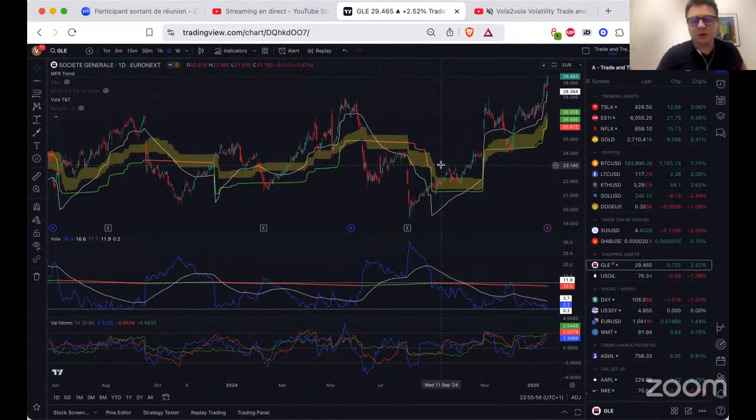You can also check the house. So those ones I would say are maybe not the kind of assets you want to play. Another chopping one is US oil.